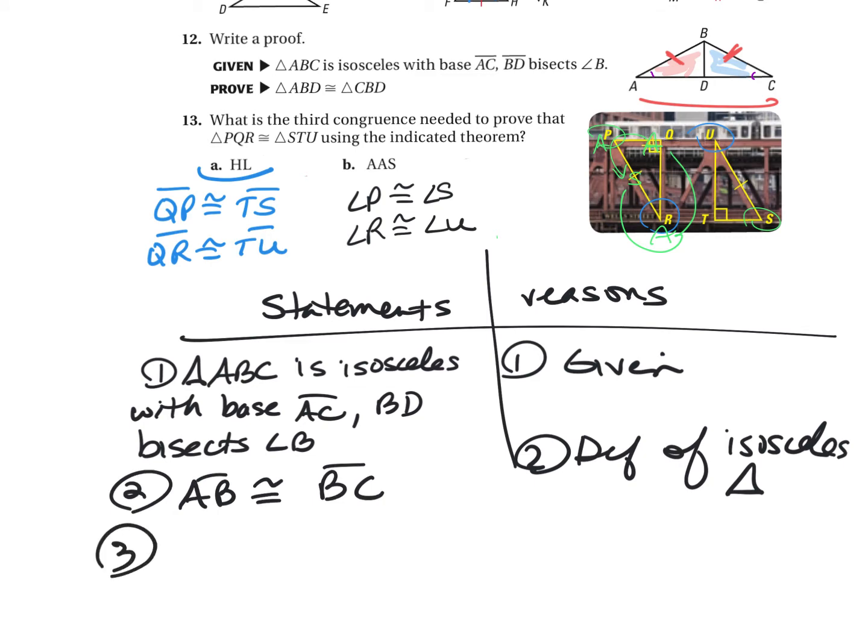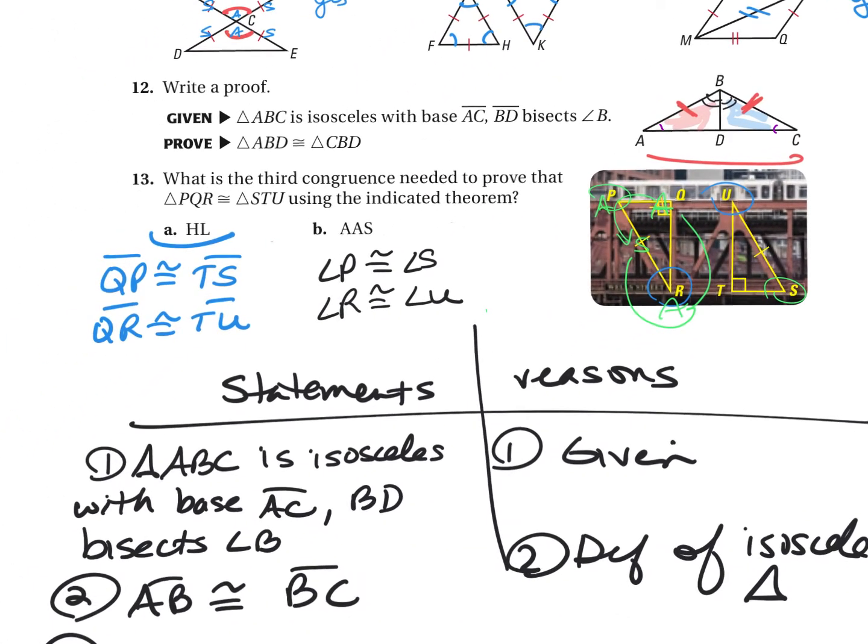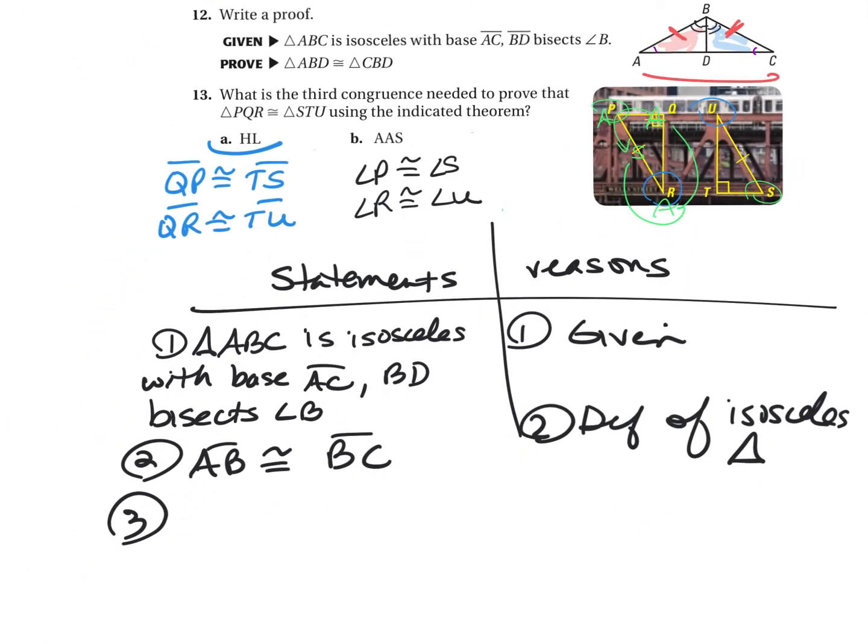Then the third one. So far, I could also bring in the fact that since the angle was bisected, BD bisects angle B, then that tells me that this angle is congruent to this. We could have also used the base angles converse as well. It doesn't matter. But I'm going to use the fact that the angle was bisected.